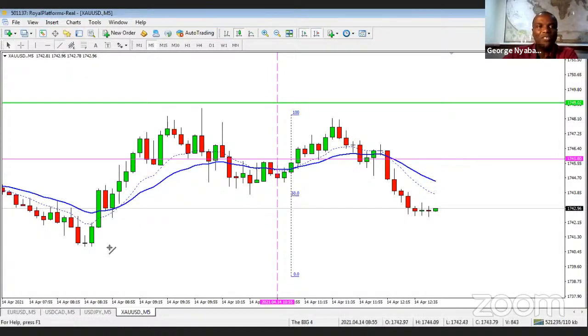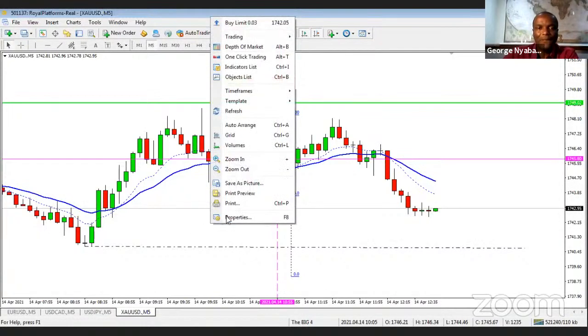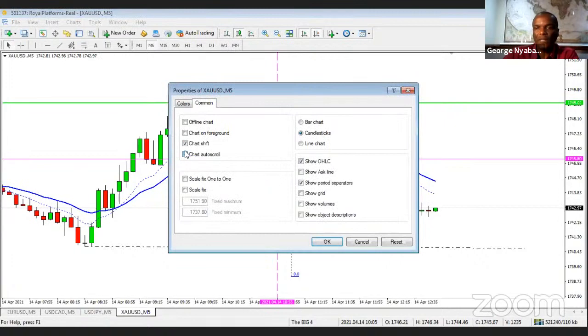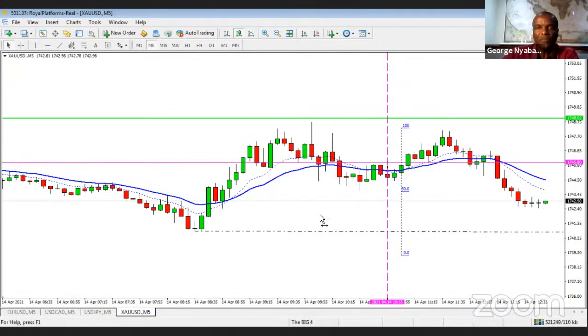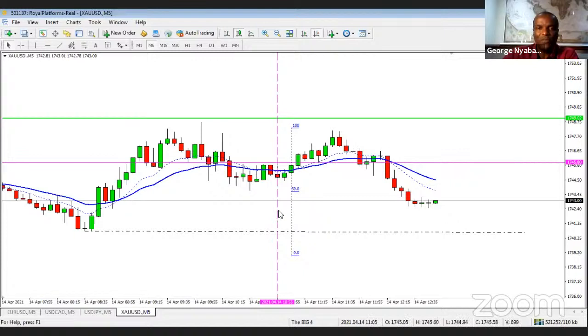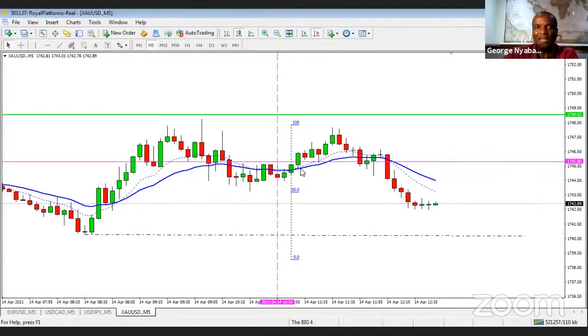We must not ignore this low that we have here from the earlier session. Okay, so what I'm going to do is just take a look at my watch. Let's start off with the bar price action that has taken place right from the beginning of this current session, the European session.